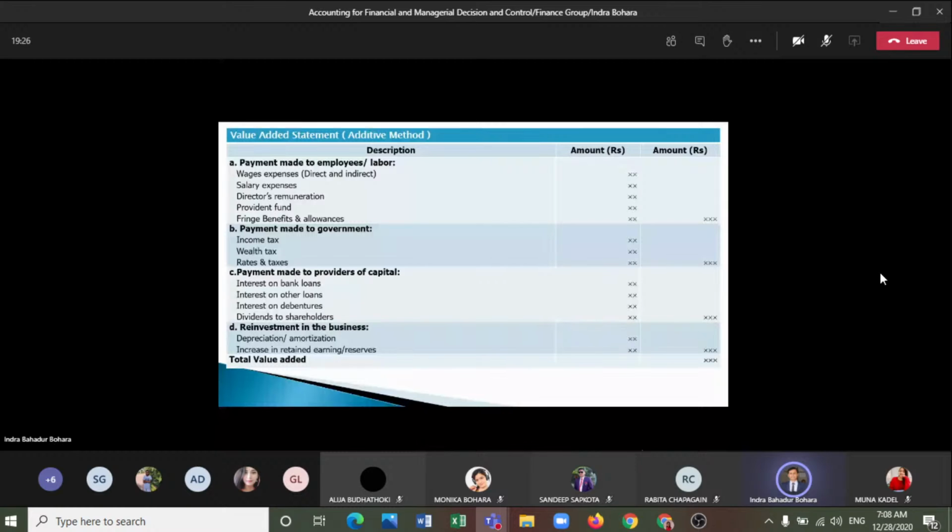Therefore, the total amount of value added should be verified by the additive method. The value added calculated under the subtractive method should be equal to the value added calculated under the additive method.